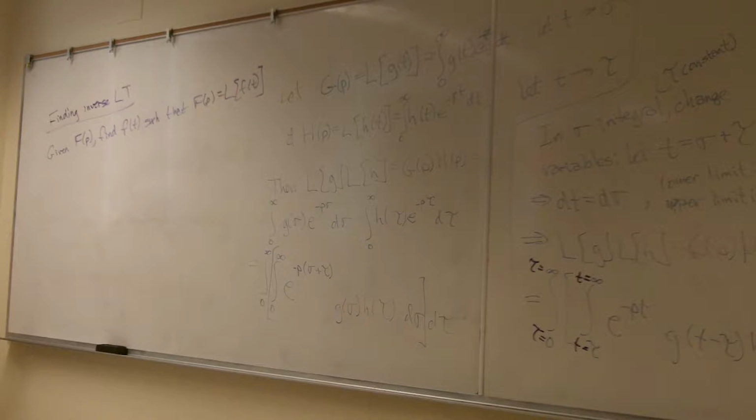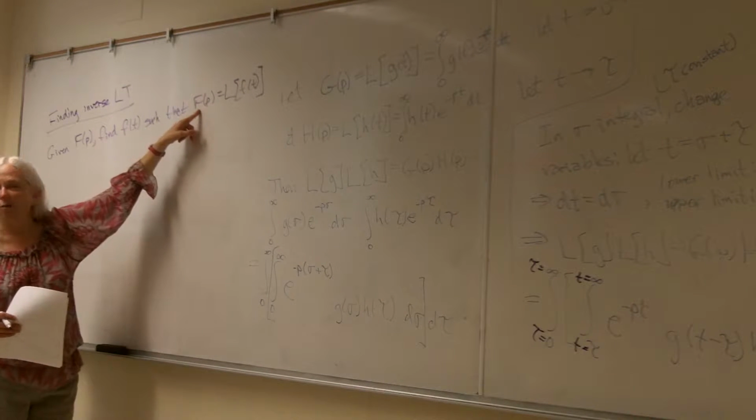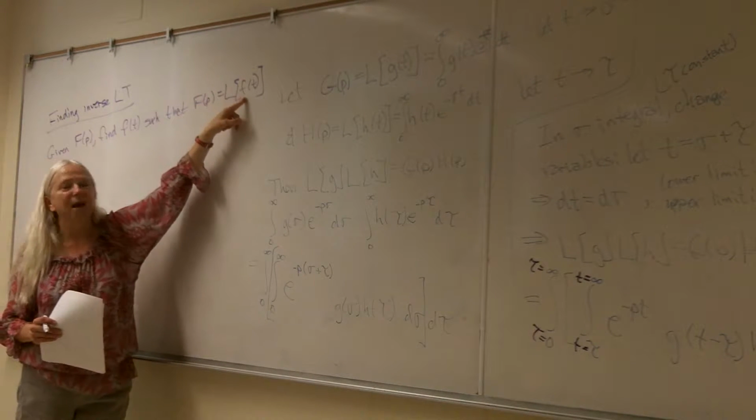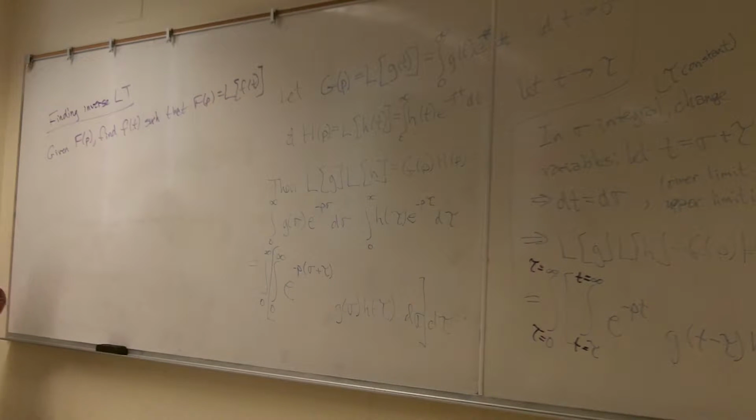That table of Laplace transforms at the end of chapter 8, and basically take our function capital F of p and just scan through that table to try to find it. And if we find it, then we can read out from the table what little f of t is. But unless we can find it in the table, we don't really have a way of finding inverse Laplace transforms.